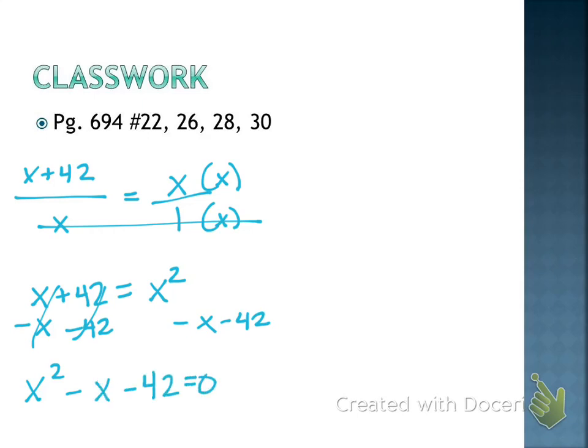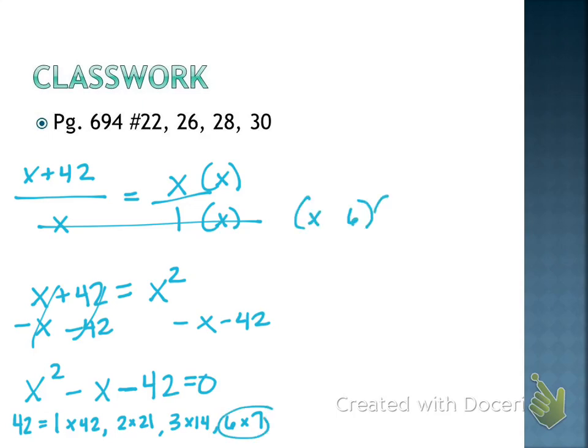Now I can factor. The factors of 42 are 1 times 42, 2 times 21, 3 times 14, and 6 times 7. Which ones subtract to give me 1? 6 and 7. So I'm going to have x and 6, x and 7 equals 0.